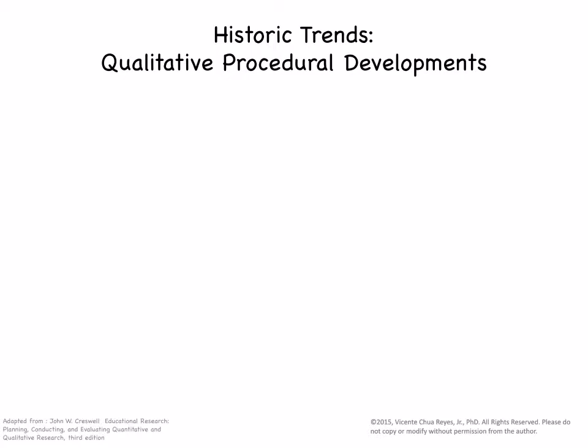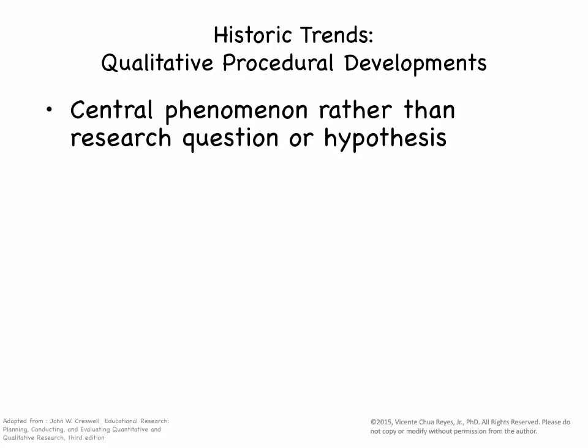Procedural developments in the history of qualitative research can be broken down into three different approaches. The first one could be described as a focus towards looking at a central phenomenon rather than at research questions or hypotheses.